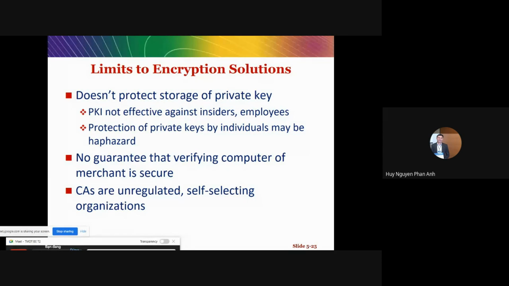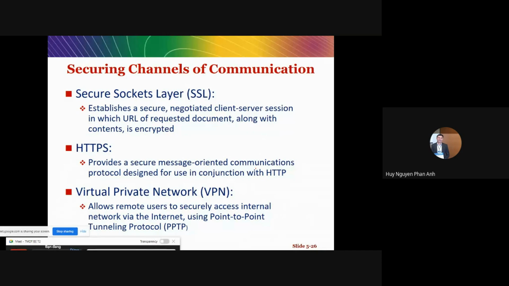However, there are some limitations of the encryption solutions. It could not protect the storage of the private key. So the private key may be stolen. So there is no guarantee to verify that the computers are secure. In e-commerce, this is very important and related to us. In e-commerce, usually we use the SSL protocol.